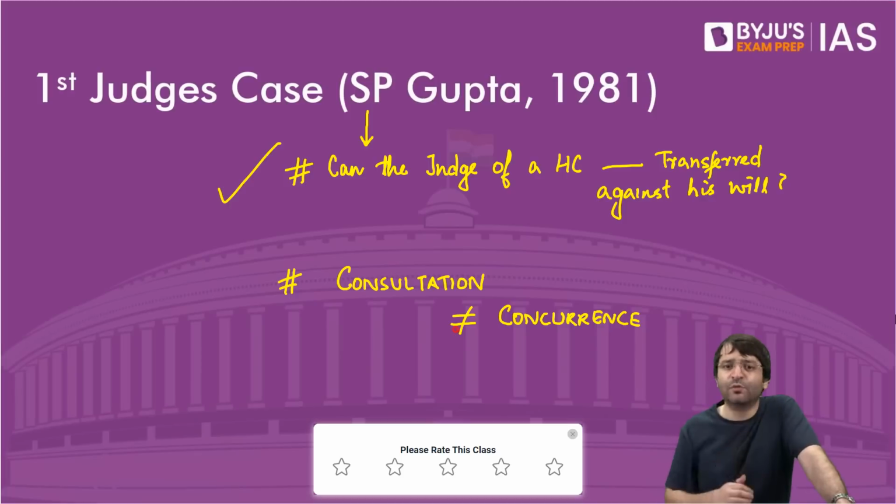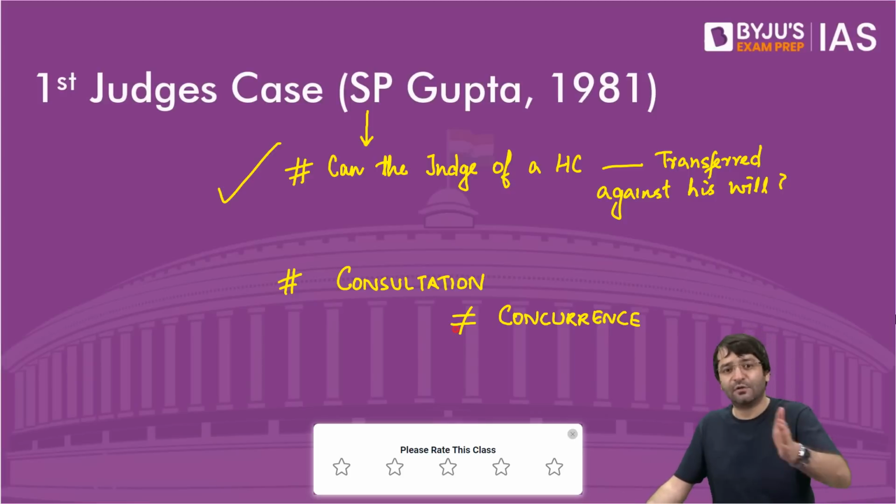I am asking you, can I take a class on Sunday? Because we are running short of time, we have few topics to complete. Can I take an additional class on Sunday from 6 a.m. till 11 a.m.? I'm consulting you. If the majority of the students say, no, please don't take the class, or don't you dare take the class, I'll say it doesn't matter. The class starts at 6 o'clock in the morning on Sunday. We will continue this class till 12 o'clock.